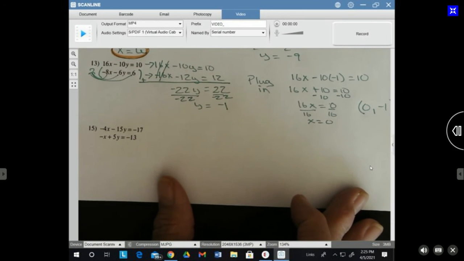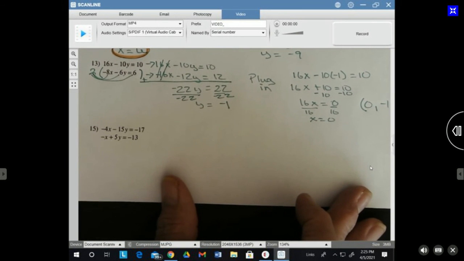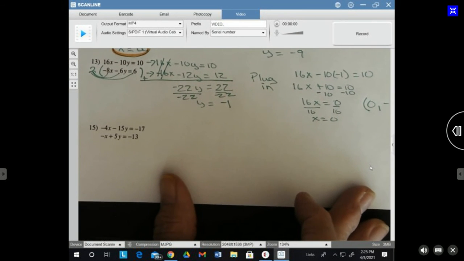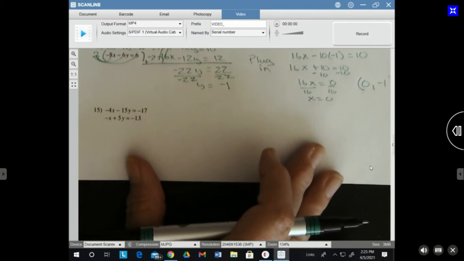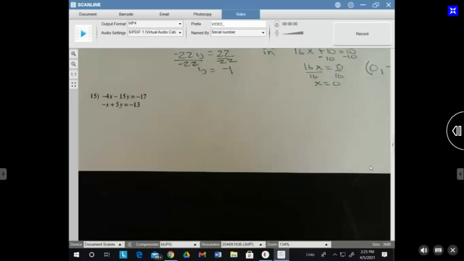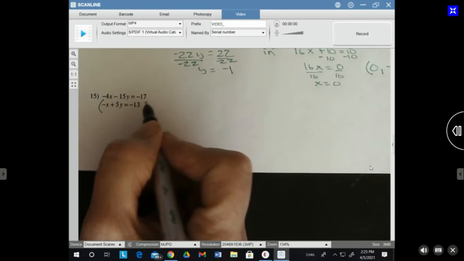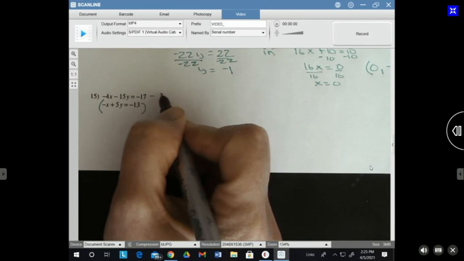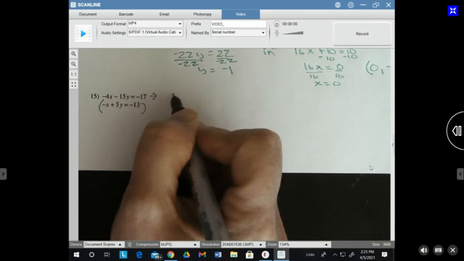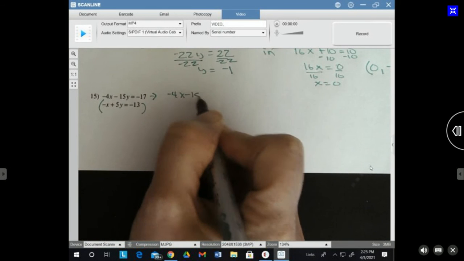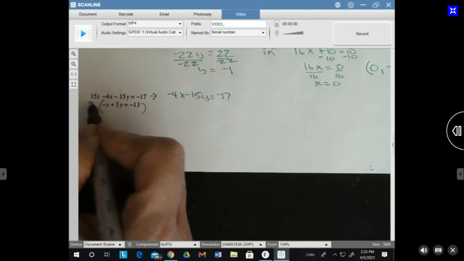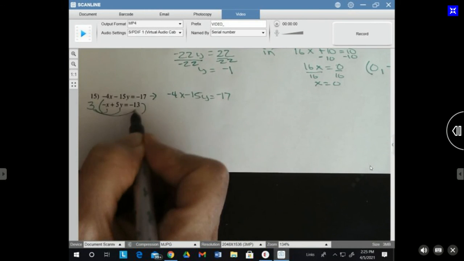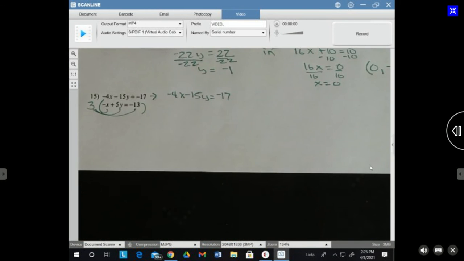All right, last one. Nobody's the same. What can I do? So I'm going to rewrite my negative 4x minus 15y equals negative 17. And I'm going to distribute the 3.